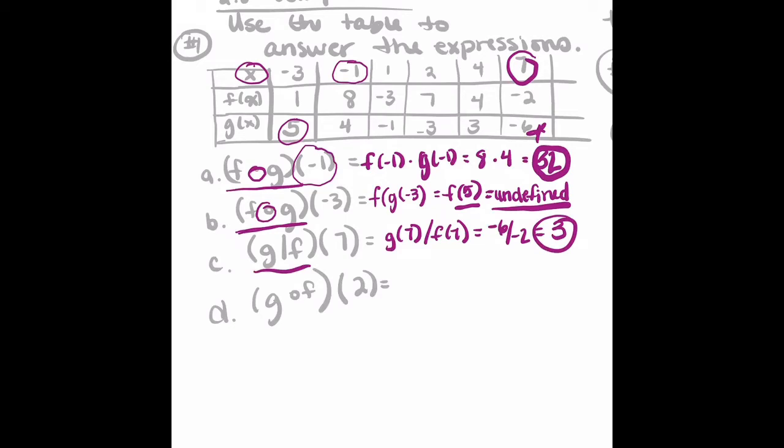And then we're going to do our last composition here, which is the same as saying g of f of 2. So f of 2 is equal to g of 7, and g of 7 is equal to -6.